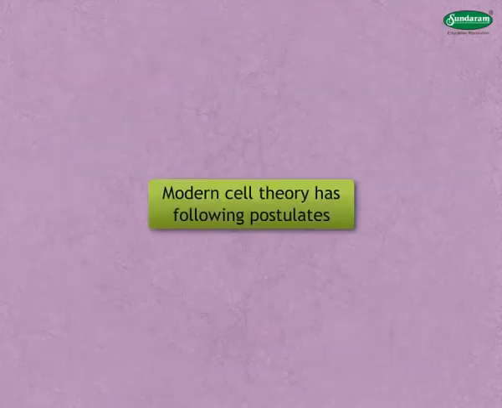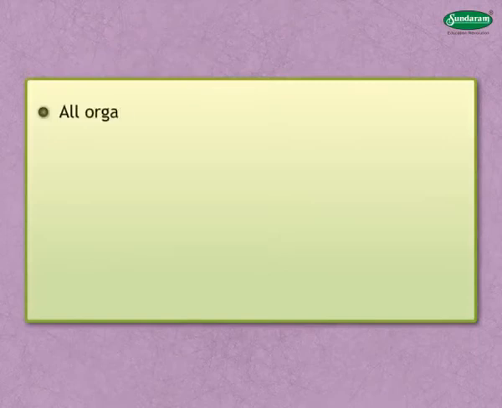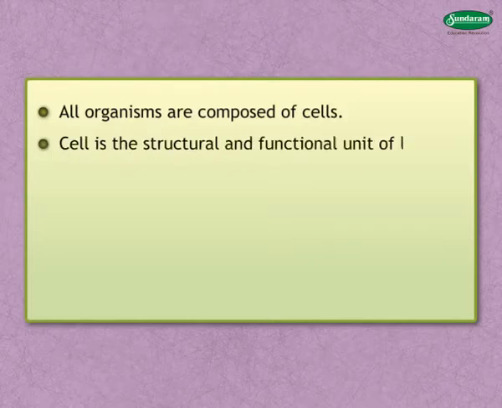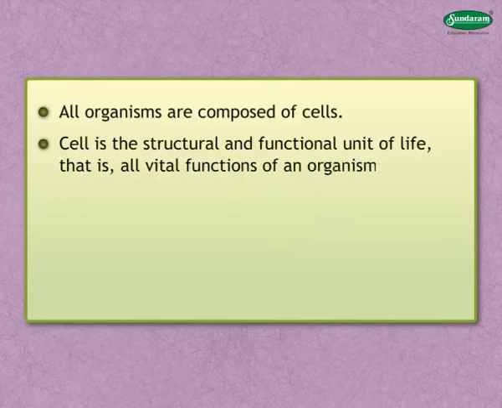Modern cell theory has following postulates. All organisms are composed of cells. Cell is the structural and functional unit of life, that is, all vital functions of an organism occur within cells.